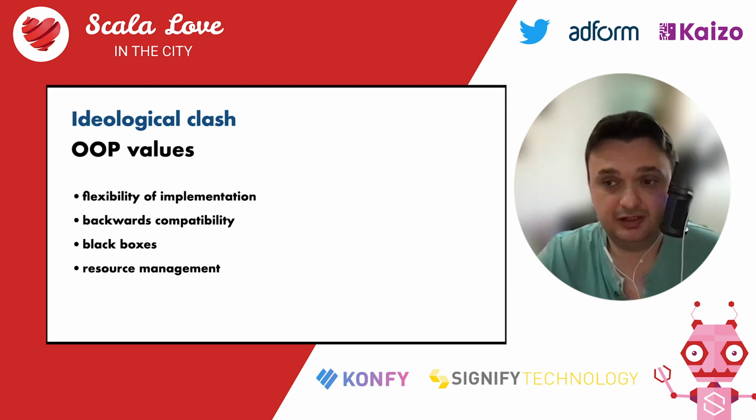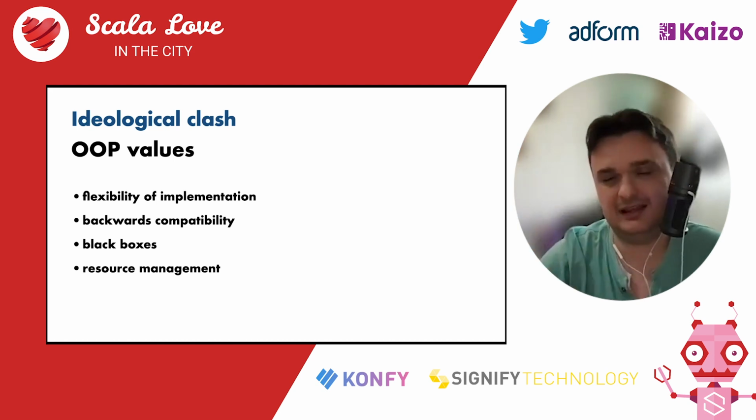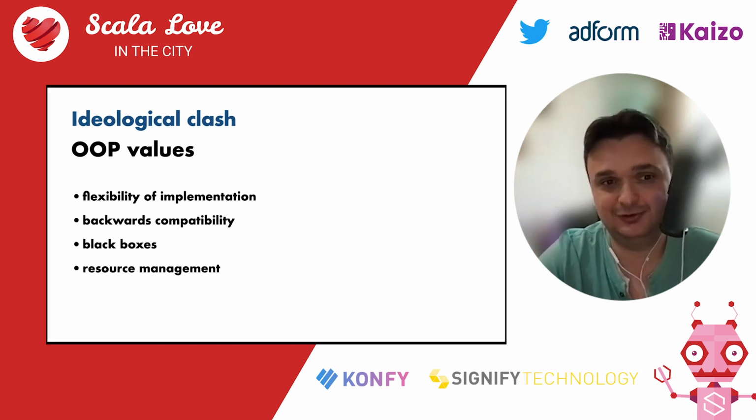Now, in terms of resource management, FP has some aces up its sleeve. Sorry. But OOP is best for resource management, and resources also means memory management. I mean, have you ever taken a look at how a hash map implementation looks?